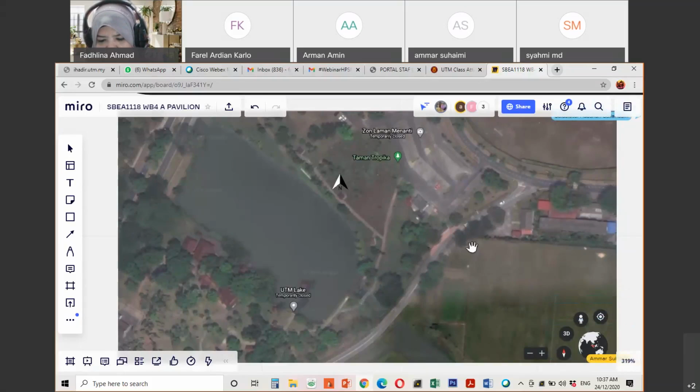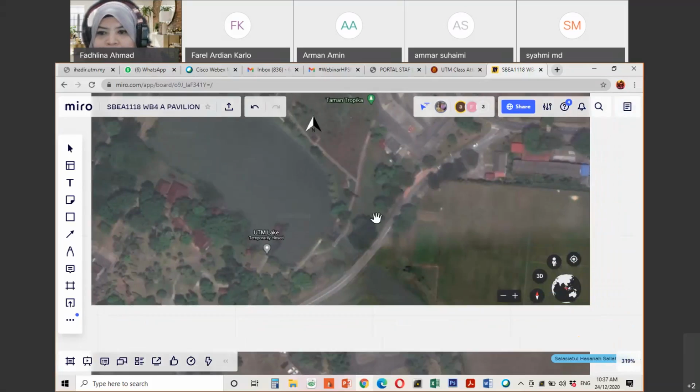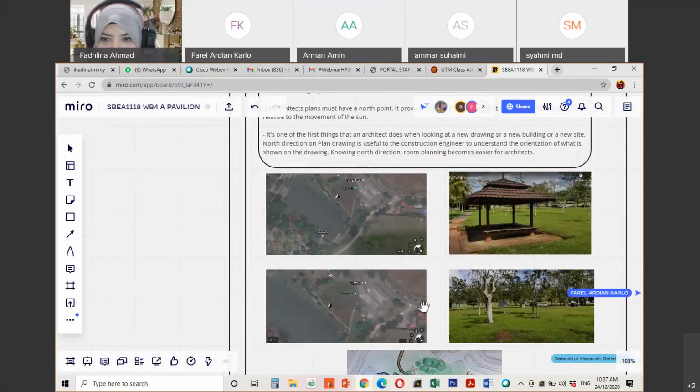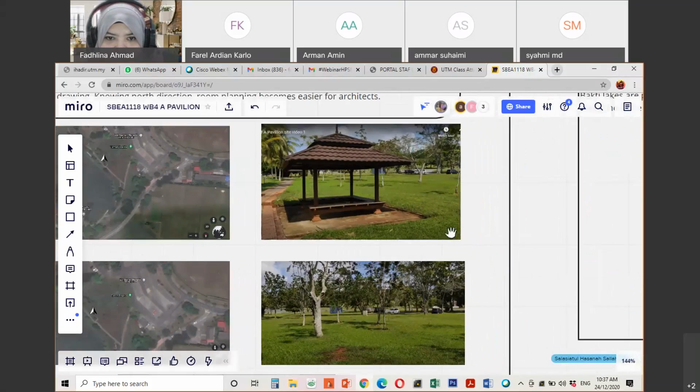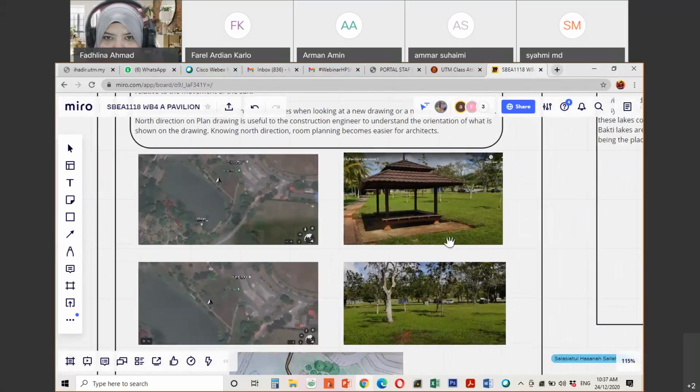Yes. And you show the view. This one? Yes. So the north point is mostly to the parking behind the wakaf, to the area, most of the parking.